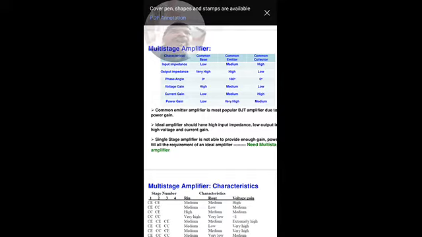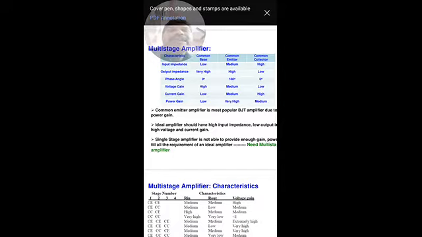Common collector has very high input impedance and very low output impedance. And common base has very low input impedance and very high output impedance.